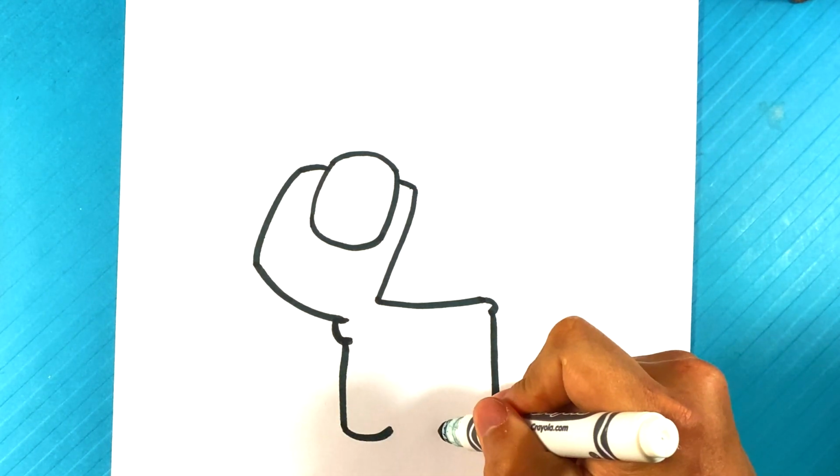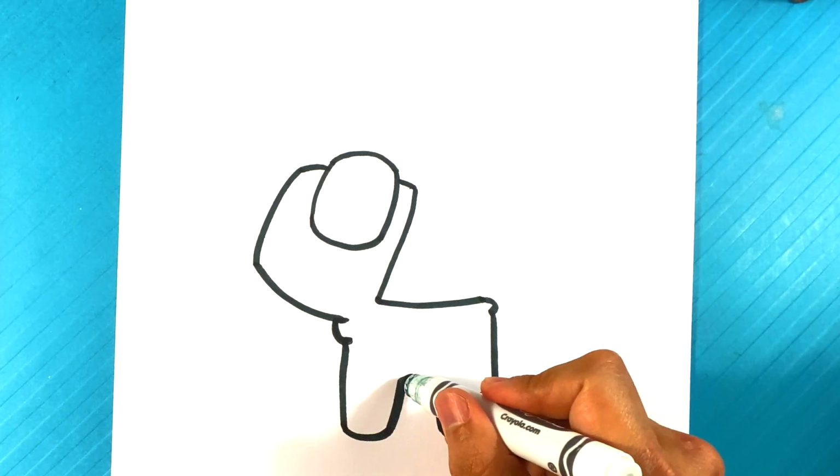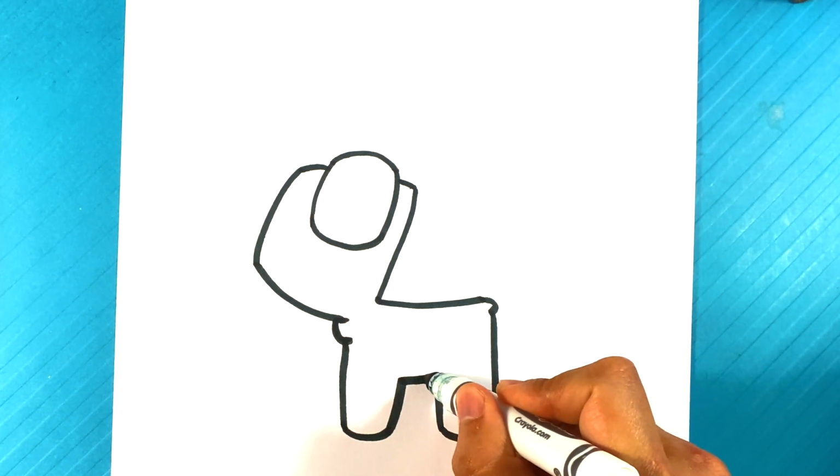Curve here. Up. Up. And curve forward for the lower body. So he's got this kind of teddy bear legs thing going on.